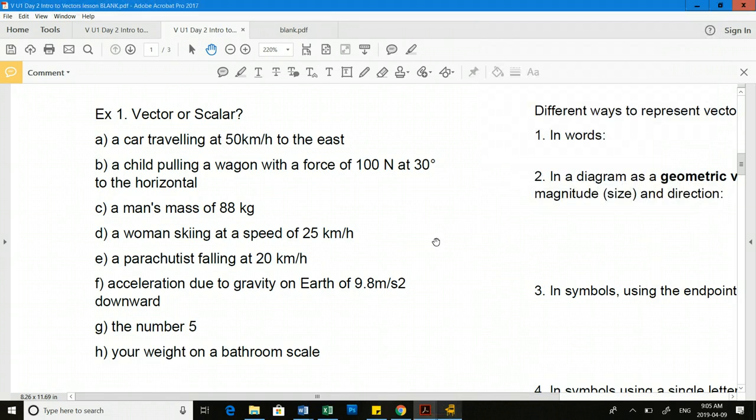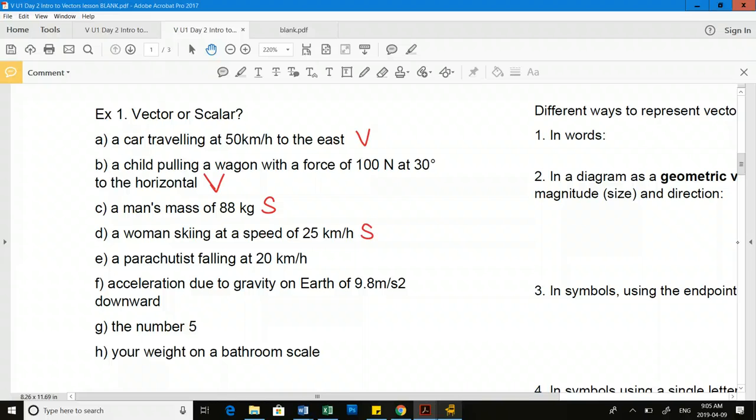Okay. A. Car traveling 50 kilometers per hour east. This is a vector, yes, it has that direction. B. A child pulling a wagon with a force of 100 newtons at 30 degrees to the horizontal. Vector. C. A man's mass of 88 kilograms. Scalar. D. A woman skiing at a speed of 25 kilometers per hour. Scalar.